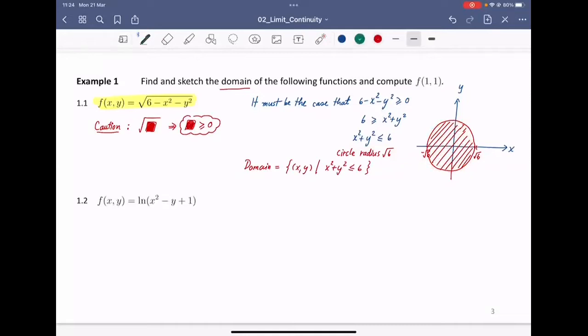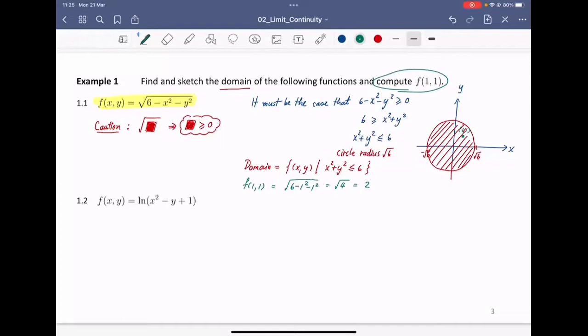For example, the question asks you to compute f(1,1), so you plug in 1 here: 6 minus 1 squared minus 1 squared, you get square root 4, and that is 2. Makes sense. If you plug in the point (1,1), you get 2. But if you plug in a number outside the domain, it does not make sense and you cannot compute it.